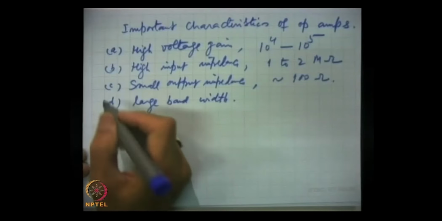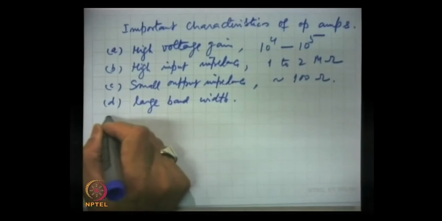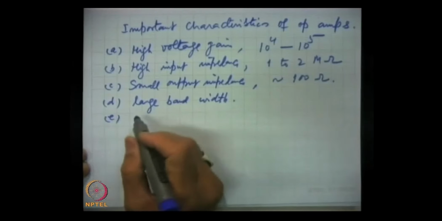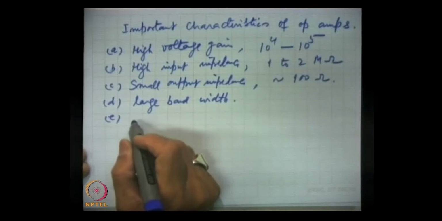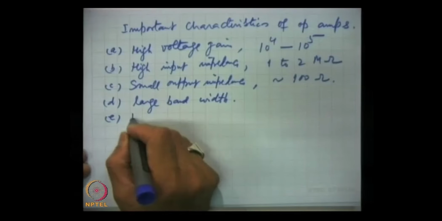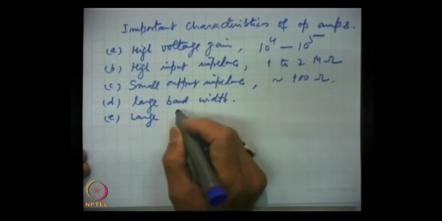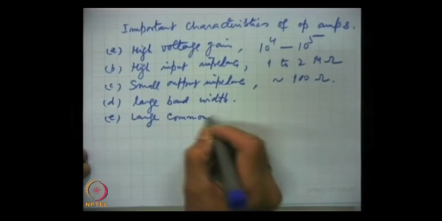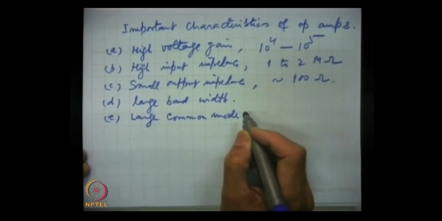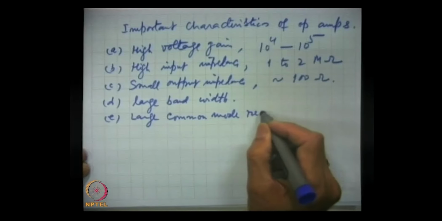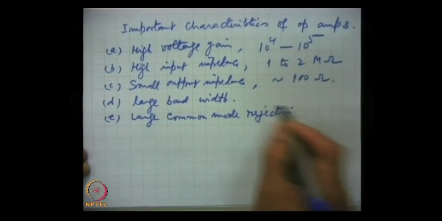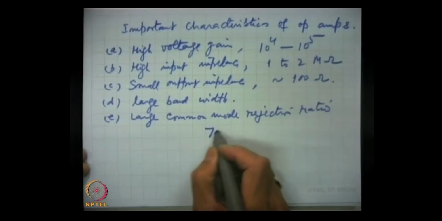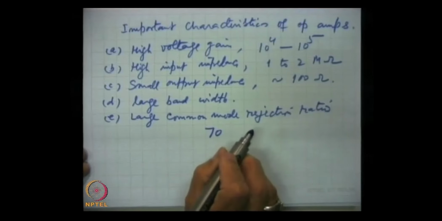And the next is large CMRR, common mode rejection ratio, and this is expressed in dBs.